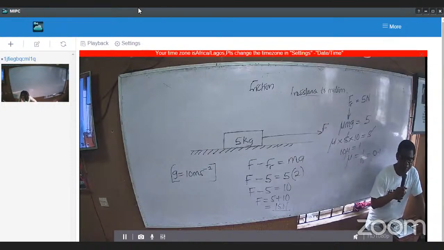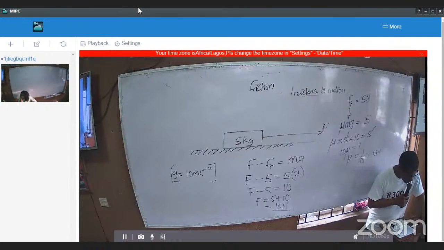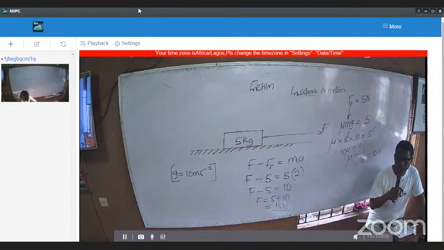Option C, the ball's weight and viscous force.